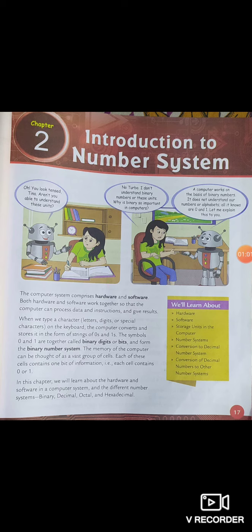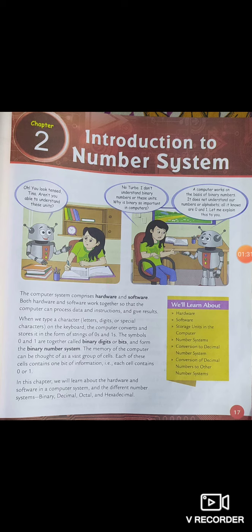As we know the human body is a group of cells, in the same manner the memory of a computer is also a vast group of cells, and 0 and 1 are the binary digits or bits. So the computer works in the binary number system. Each of these cells contains one bit of information, that is, each cell contains 0 or 1.